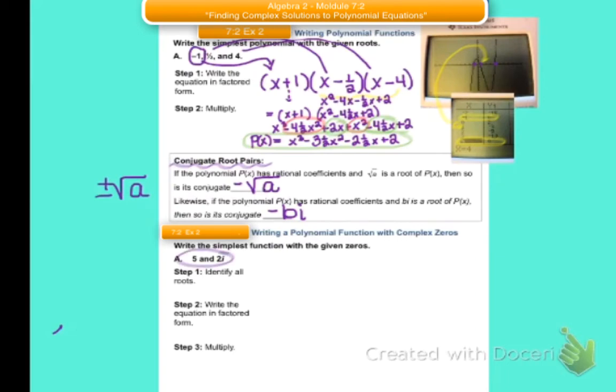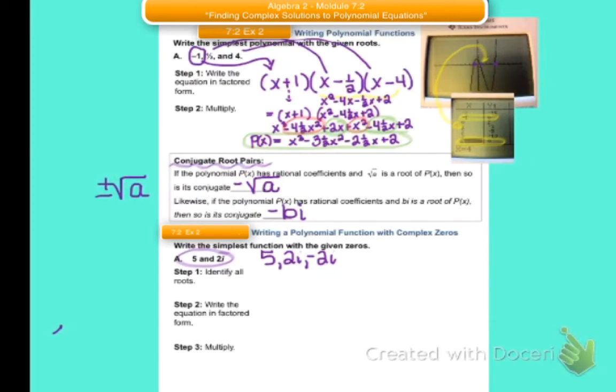Well, we know that there can't be just those two solutions, 5 and 2i. If 2i is one of the solutions, then so must also be negative 2i. So in actuality, there are 3 zeros for this polynomial function, which means, unless there's some sort of multiplicity here, it's a cubic function.